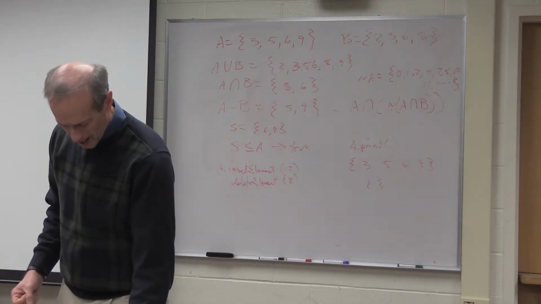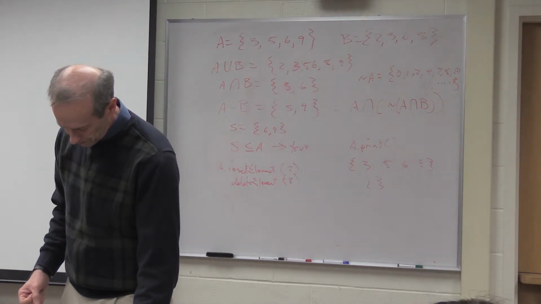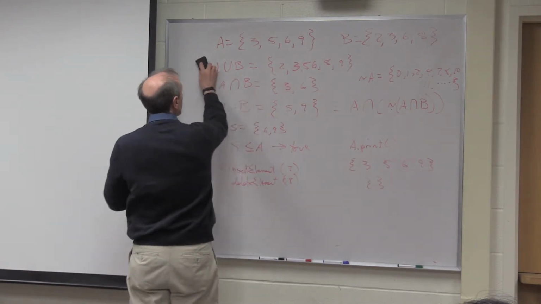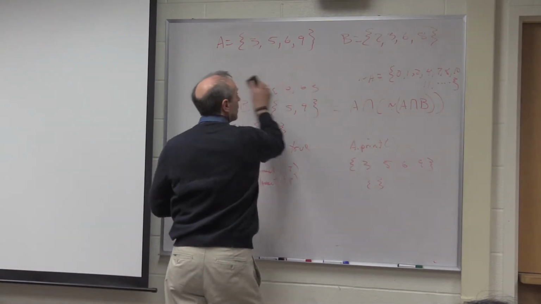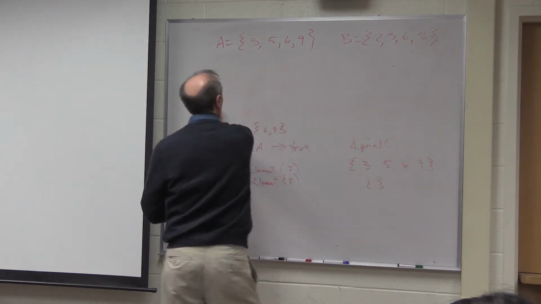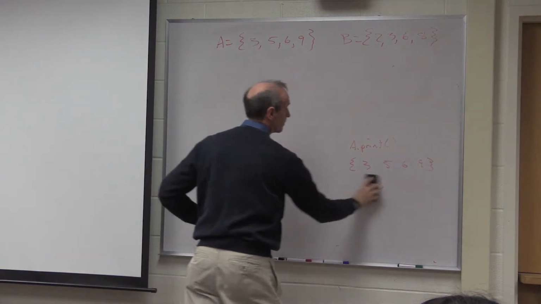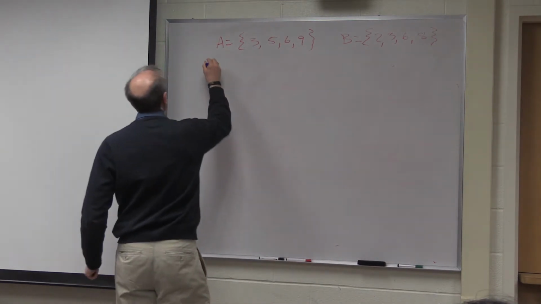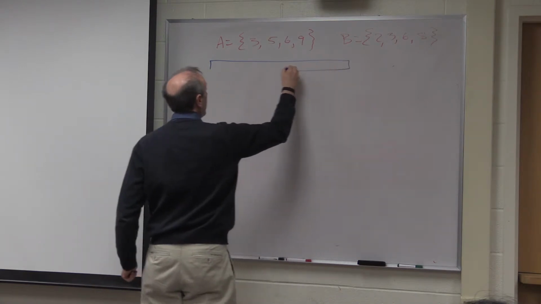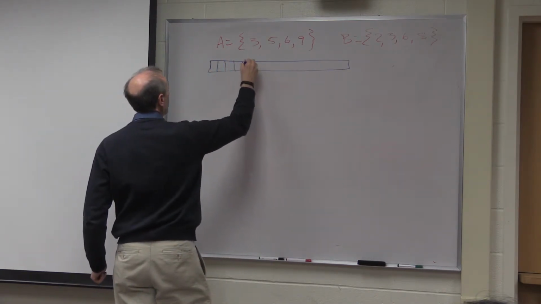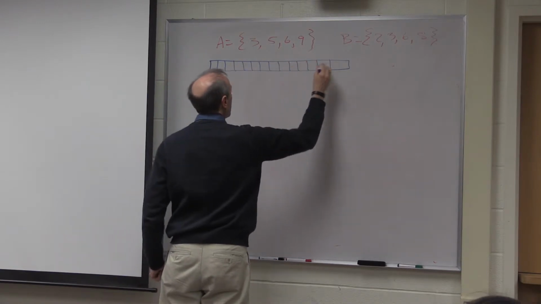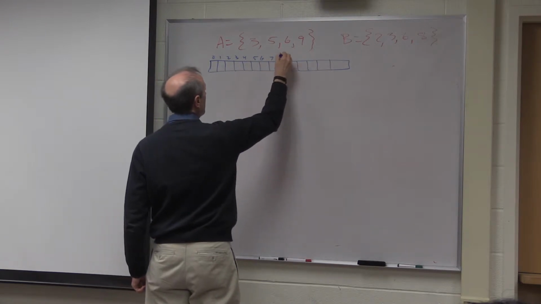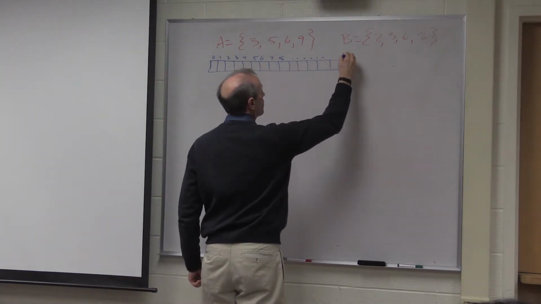Now, internally what you're doing is creating an array of Boolean: 0, 1, 2, 3, 4, 5, 6, 7, 8, etc., to 100.